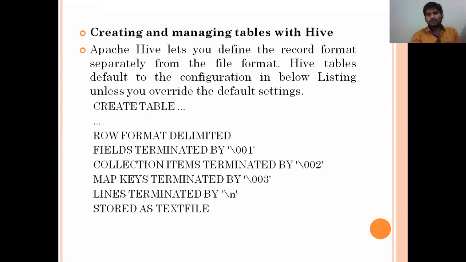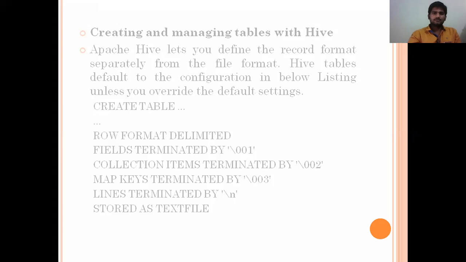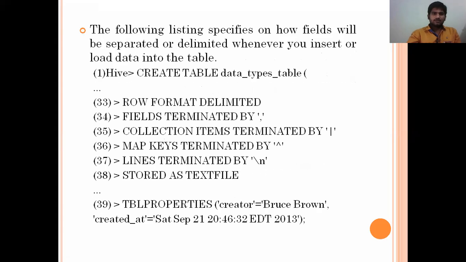So this is how we create a table with the help of this. The following listing specifies how fields will be separated or delimited whenever you insert local data into the table.